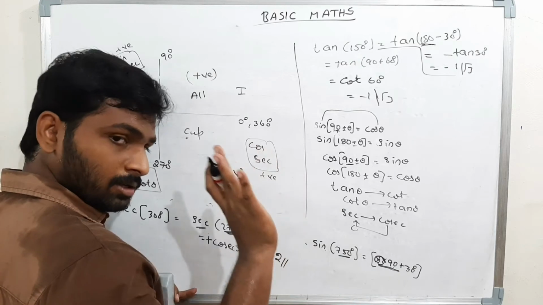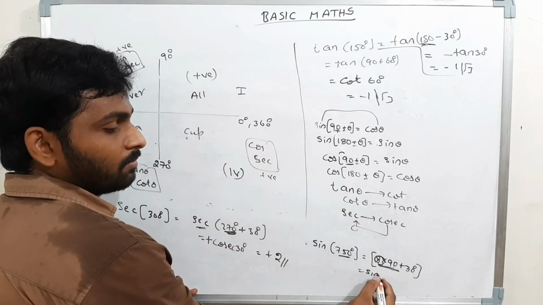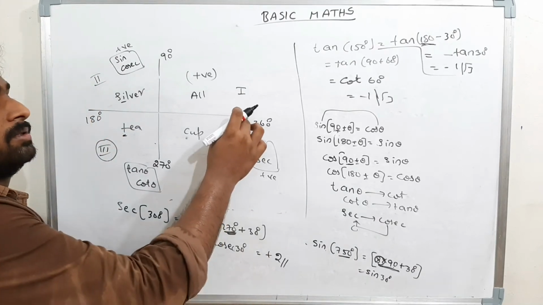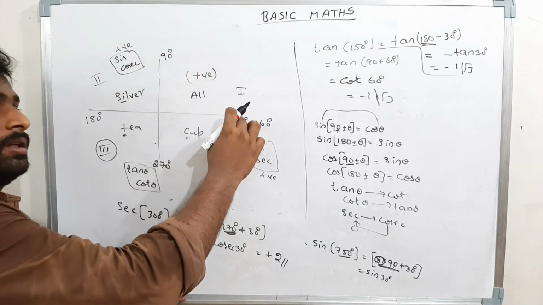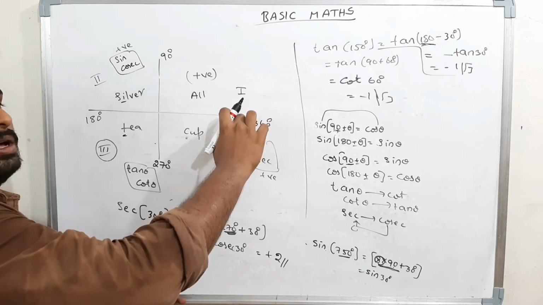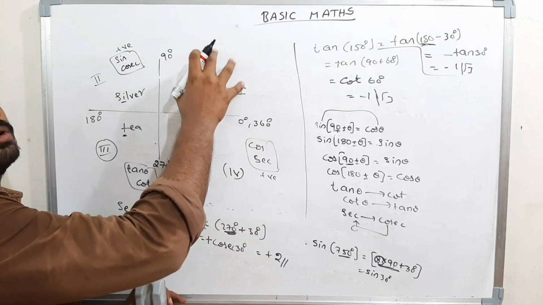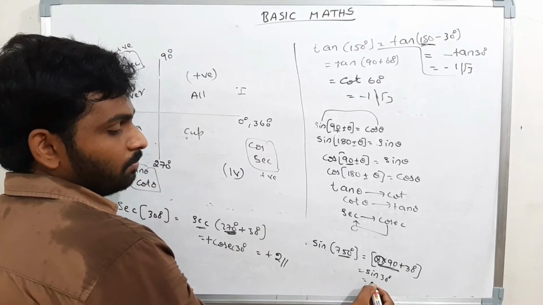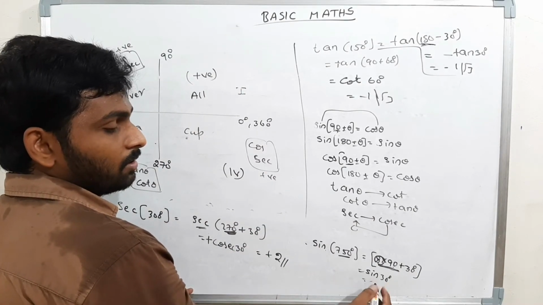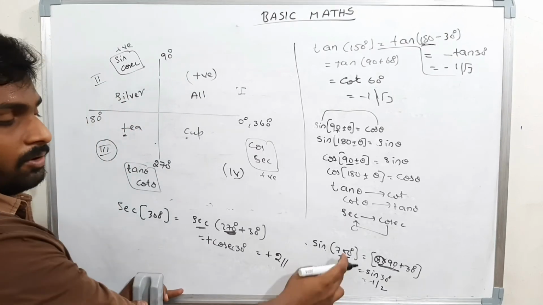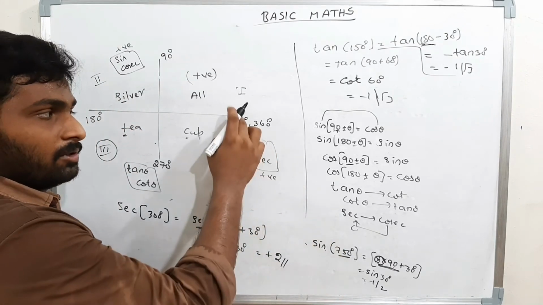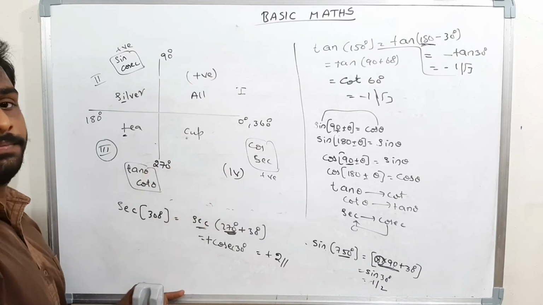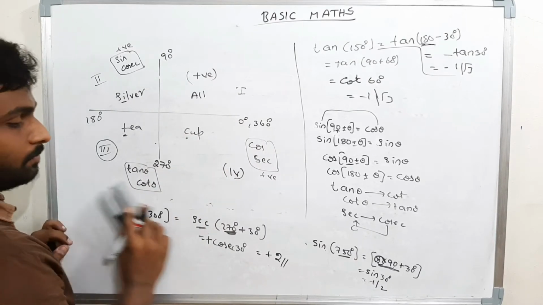Therefore sin will be sin. Therefore it is nothing but sin 30. And 750, where will it come? 0 to 360, again 360 to 720, again 720 plus 30 means first quadrant. First quadrant. That is positive sine, that is nothing but 1 by 2. Usually 750 won't be asked. I will show you only from 0 to 360. Okay, is it clear for everyone? Okay, fine.